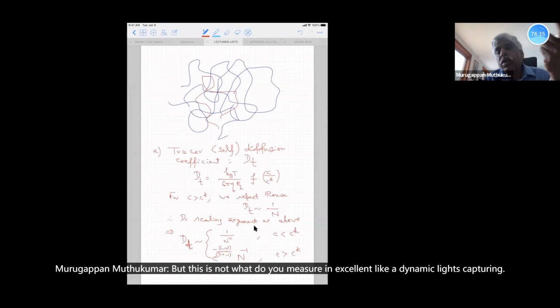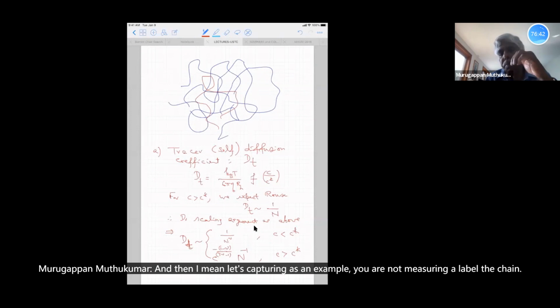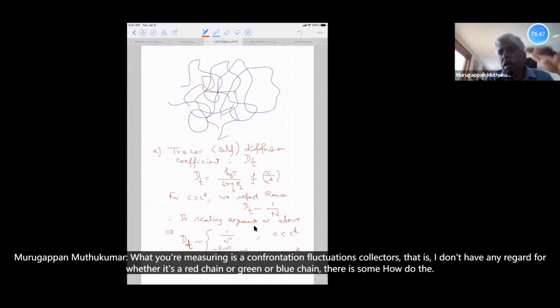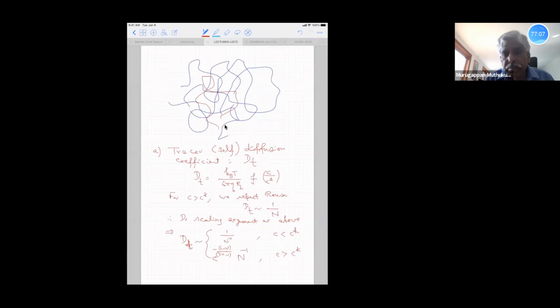But this is not what you measure in an experiment like dynamic light scattering. In dynamic light scattering, as an example, you are not measuring a labeled chain. What you are measuring is concentration fluctuations, a collective effect. I don't have any regard for whether it's a red chain or a green chain or a blue chain. It is how the local concentration moves around, diffuses around, on an average.